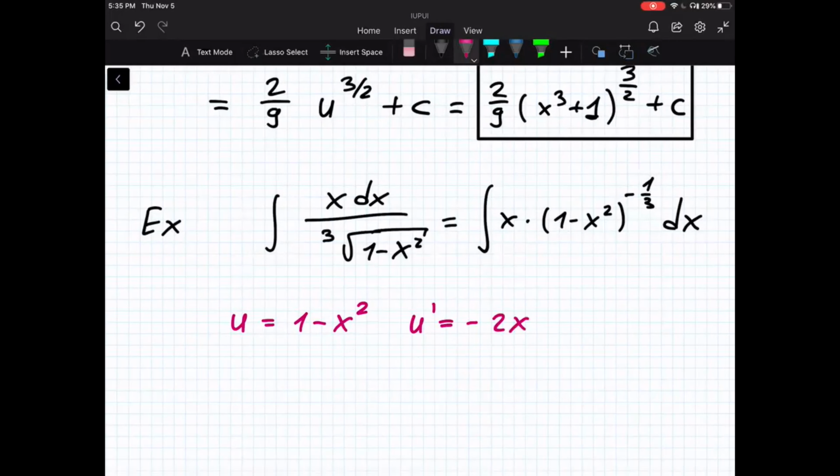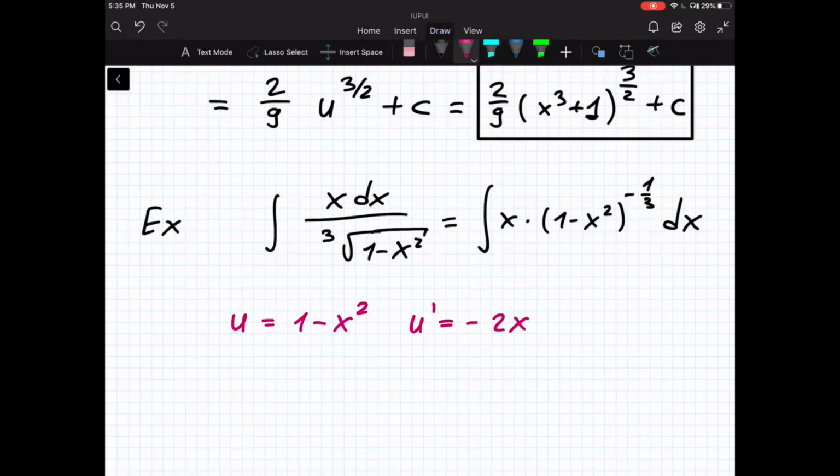So I get minus 1/2 integral u to the power minus 1/3 du. And by the general power rule, it gives me minus 1/2 u to the power minus 1/3 plus 1, which is 2/3, divided by 2/3, plus constant. And thus it is minus 3 over 4 u to the power 2/3 plus constant.